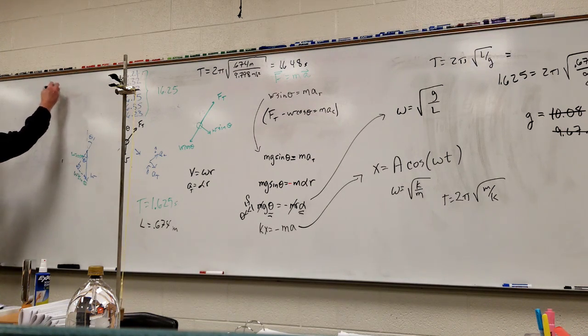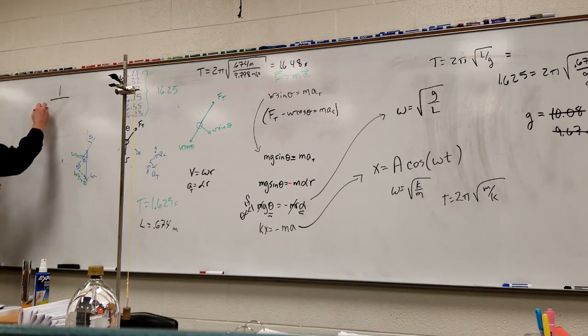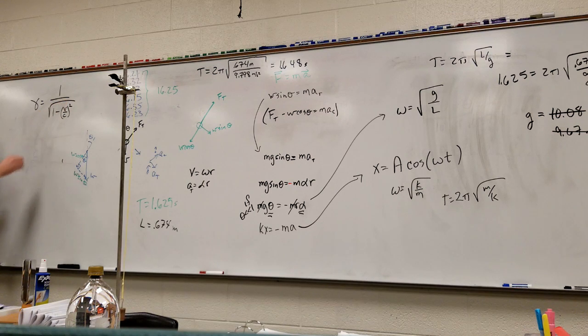Yeah, part of what he's referring to is that there's this factor called gamma, which is 1 over 1 minus the speed of an object over the speed of light squared. So the speed of light is 300 million meters a second. And what's the fastest you've ever gone in a car? We'll just exaggerate it, 200 meters a second, which is really fast.